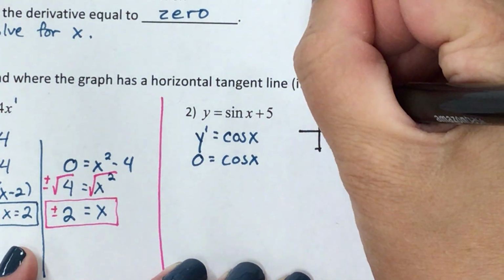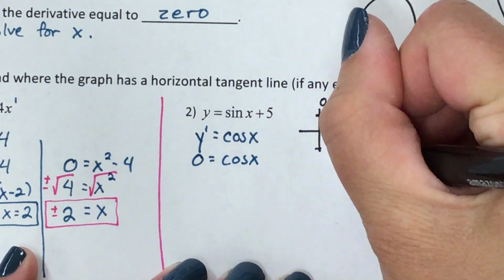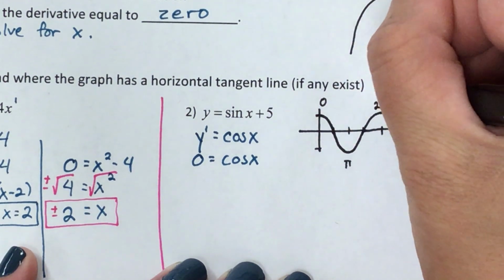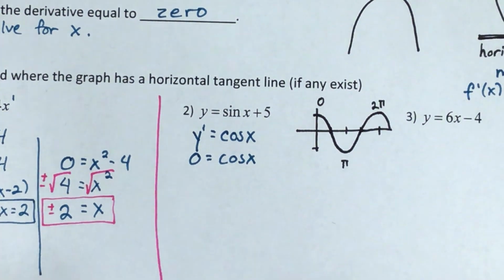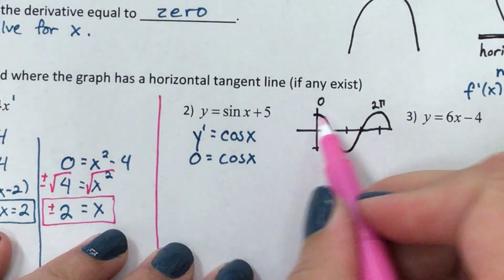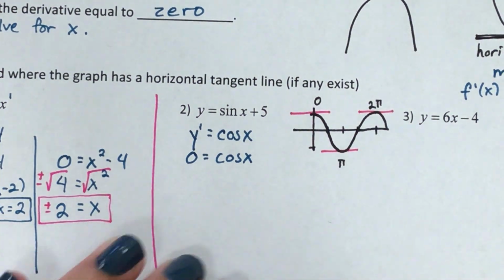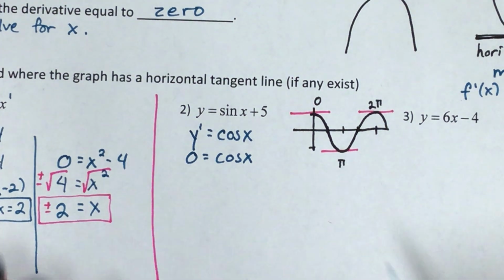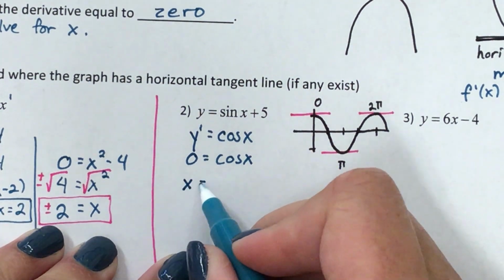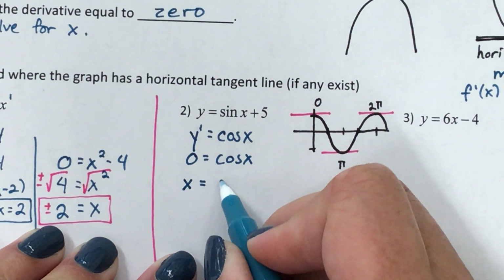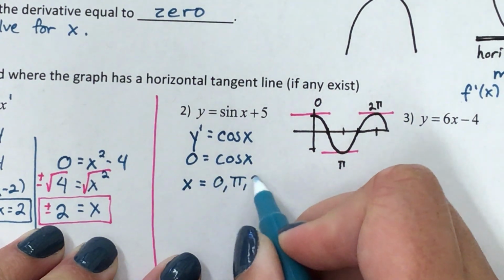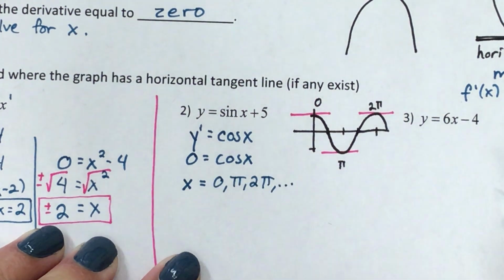So at 0, at pi, at 2 pi, and so on, you would end up at the very tip top or very bottom of a curve, which is where tangent lines are horizontal. So the x would equal 0, pi, 2 pi, and so on.